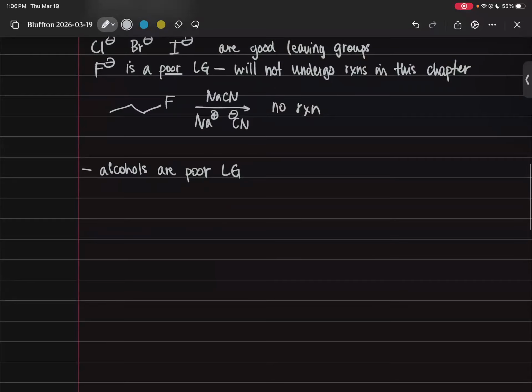There's a lot of things that are poor leaving groups, but okay, so if we have an alcohol and it can be treated with cyanide and we say, okay, it's going to undergo an SN2 reaction. No, because an alcohol is a poor leaving group. Okay, it doesn't come off the molecule very well.